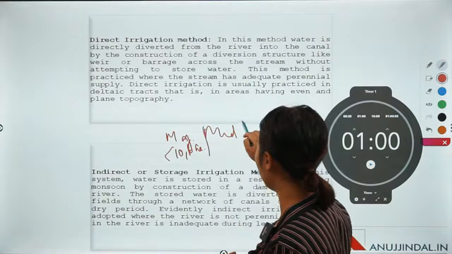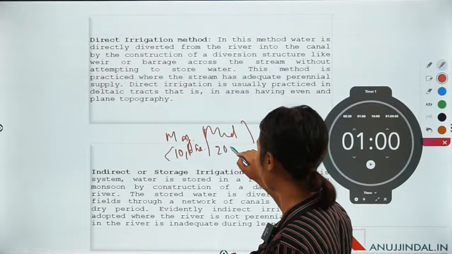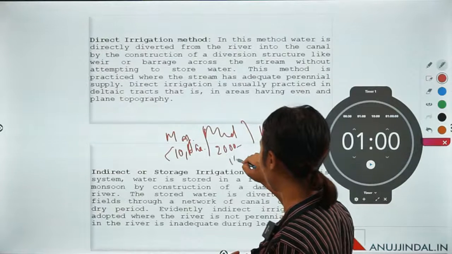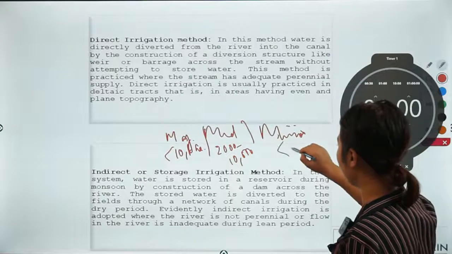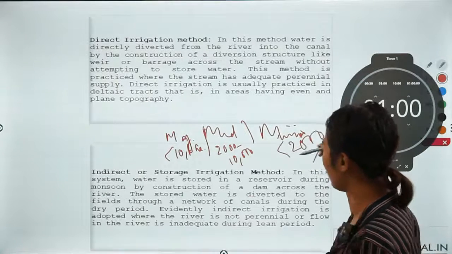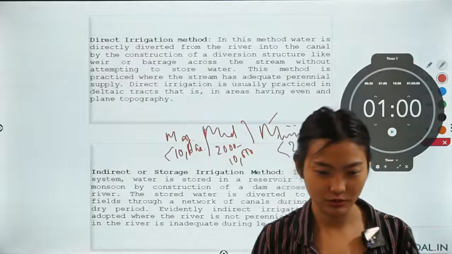Medium is between 2,000 to 10,000. And minor is less than 2,000.